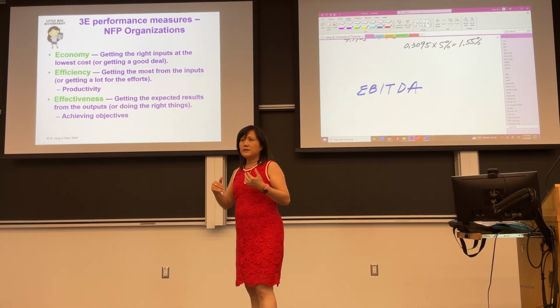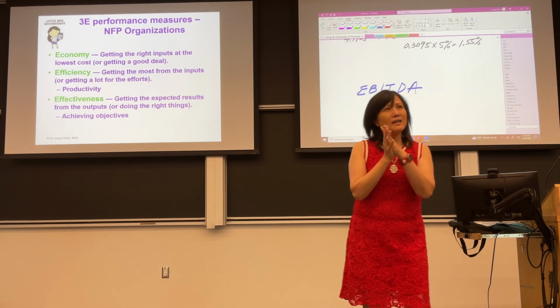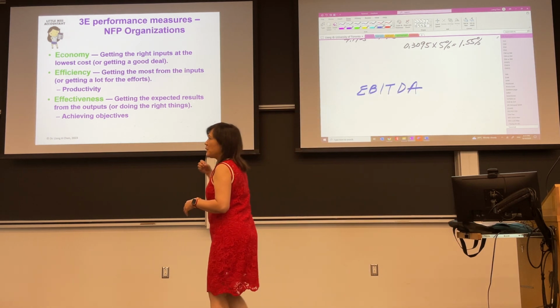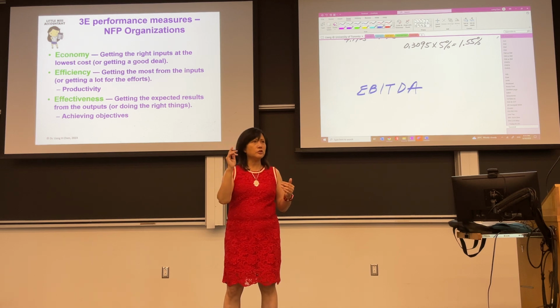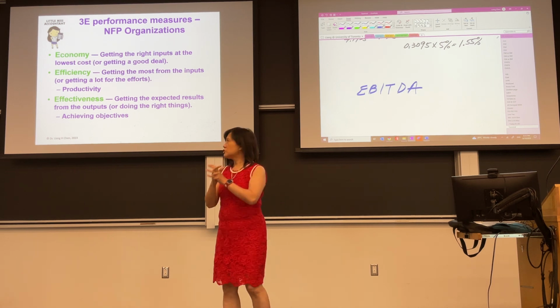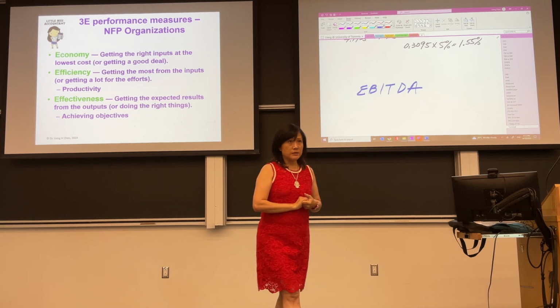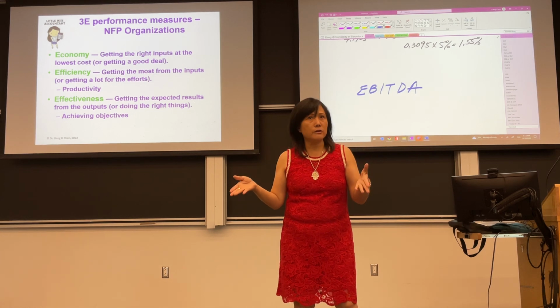Efficiency, effectiveness, so 3 E's. A lot of students confuse efficiency and effectiveness. Effectiveness means achieving your objective. If you're very effective, you achieve whatever you want to achieve. You achieve your goal. Efficiency is about productivity. The government gives you funding, $50,000.